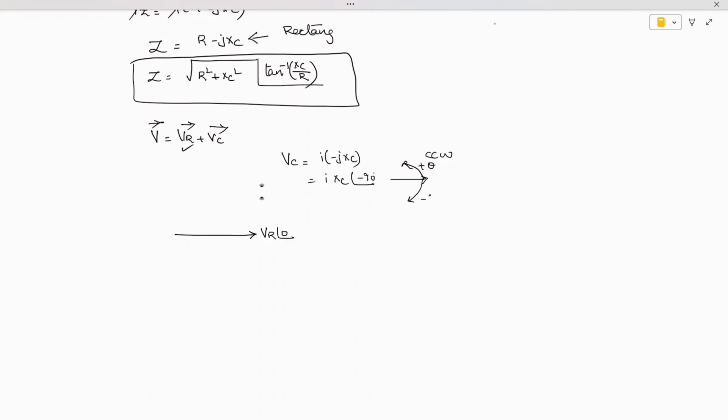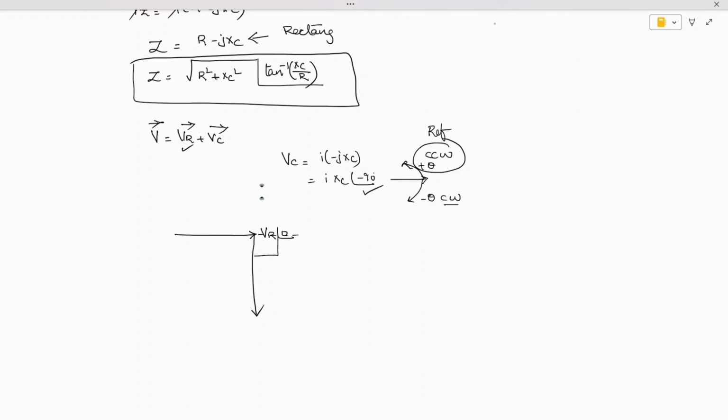If it is minus theta, then you draw in the clockwise direction. What is the angle we got here? Minus 90. Minus 90 means you should come downwards, which is nothing but a clockwise direction. The counterclockwise direction we take as positive, which is the reference direction. Therefore, we get I XC at an angle of minus 90. So with respect to VR, we try to draw the angle.